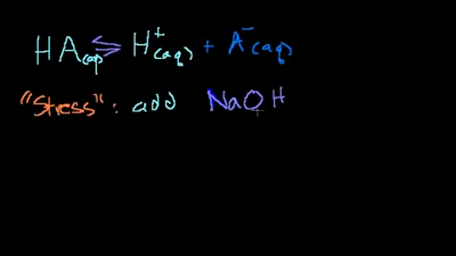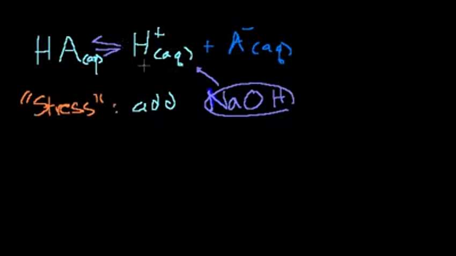So when you add this OH to the solution, for every mole, not even just mole, for every molecule you add of this into the solution, it's going to eat up a molecule of hydrogen, right?